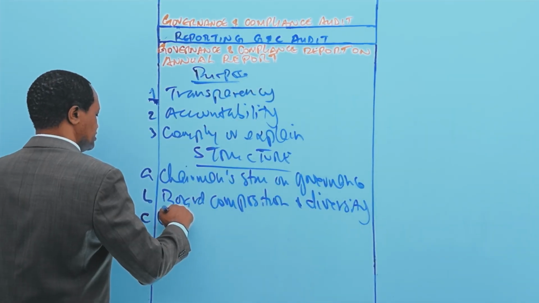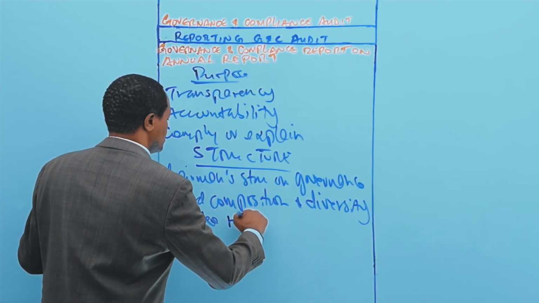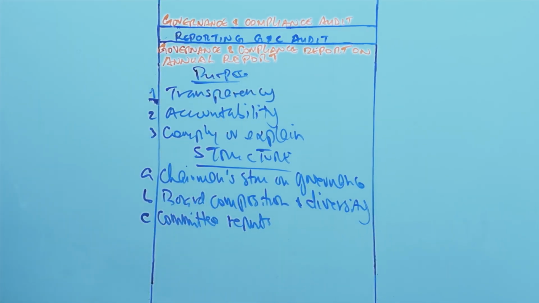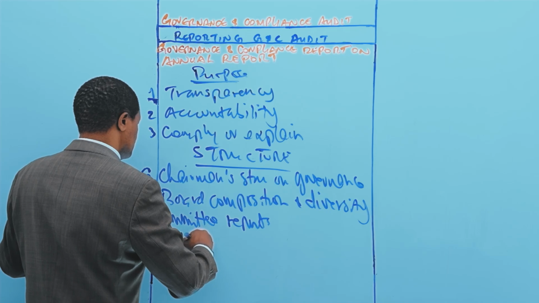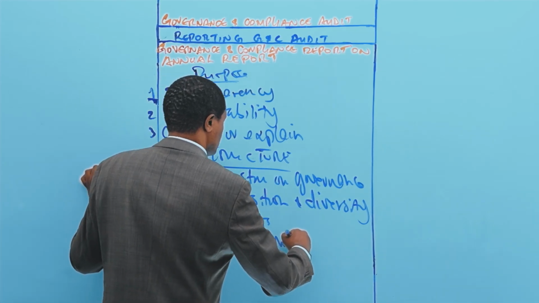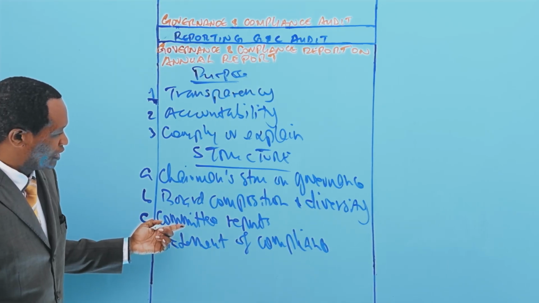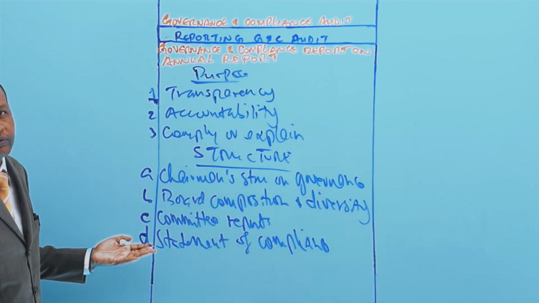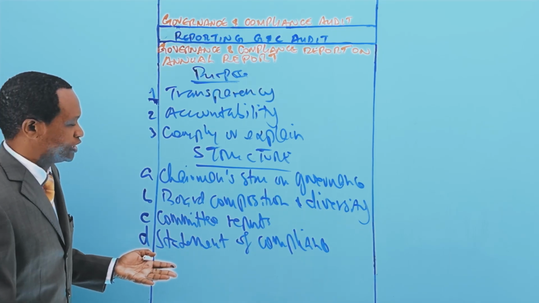Number 3 is committee reports. This report also has the committee reports, like the audit committee's report, the risk management committee, the remuneration committee, and so on. The audit committee report details the financial oversight and the relationship with the external auditor.